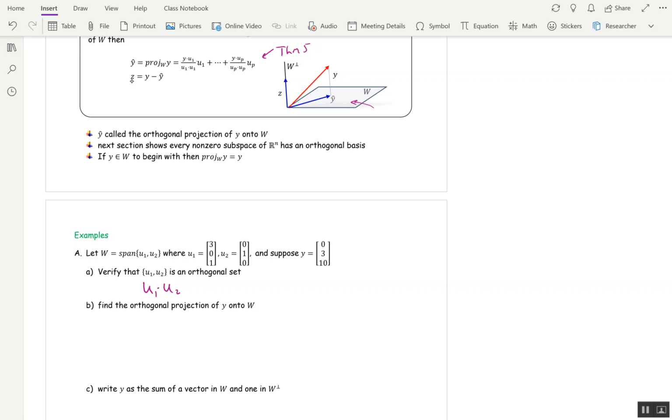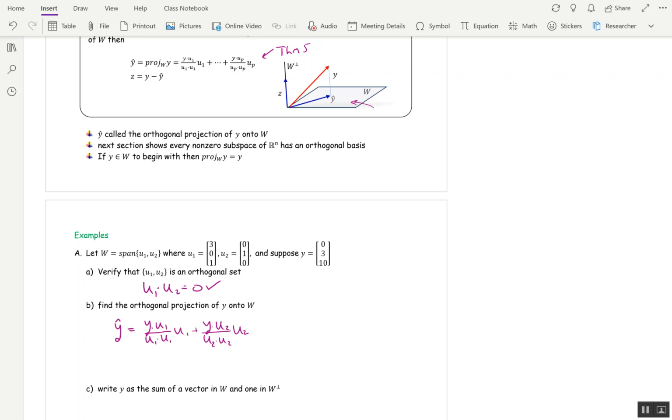So 3 times 0 is 0, 0 times 1 is 0, 1 times 0 is 0, yes. So we can use the ODT. Find the orthogonal projection of y onto W. All right, so I'm going to use that formula. In this case, I only have a u1 and a u2, so it's not that bad. (y dot u1 over u1 dot u1) u1 plus (y dot u2 over u2 dot u2) u2.